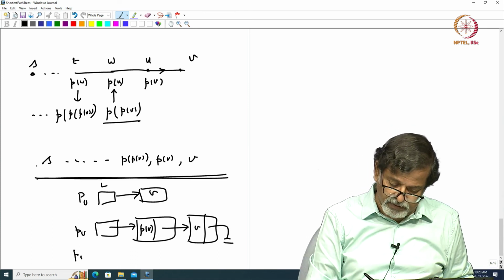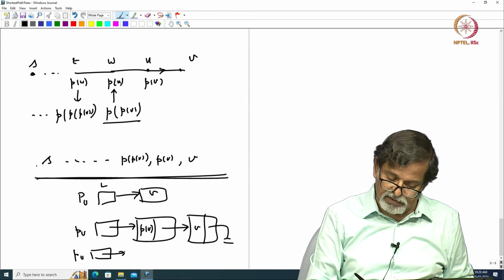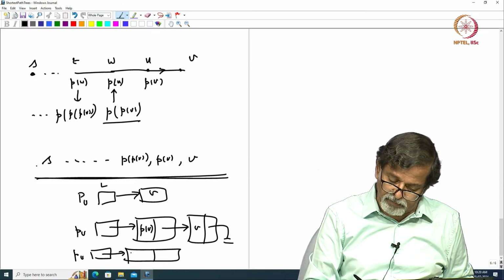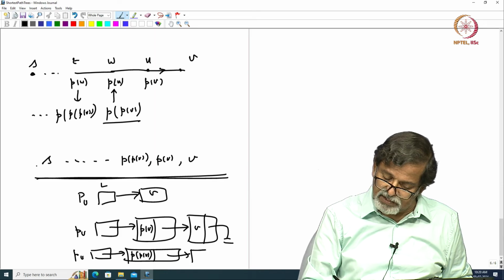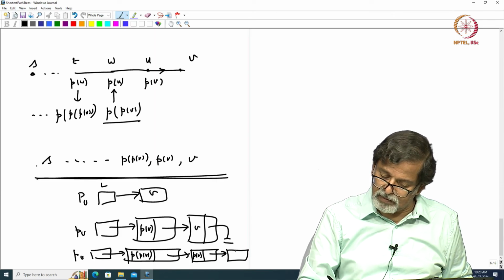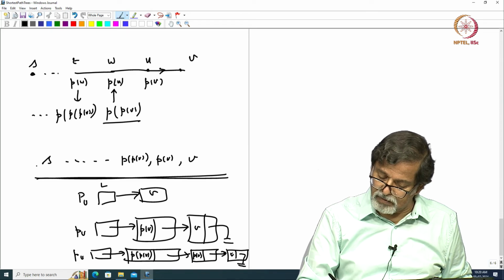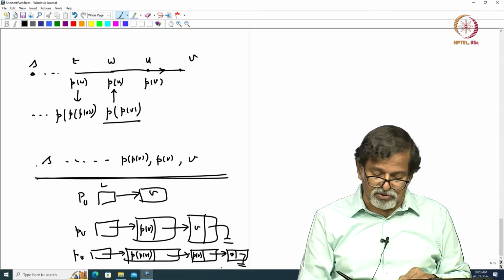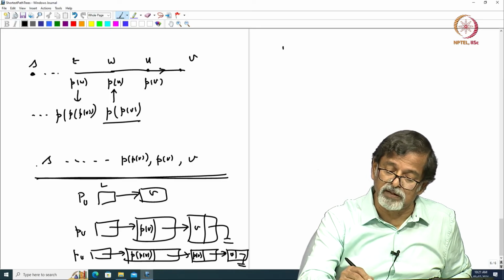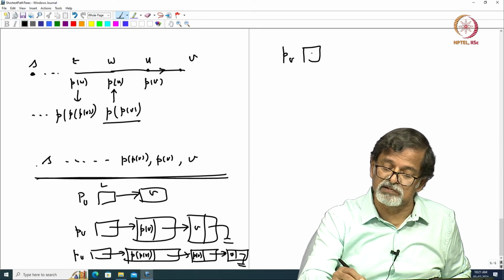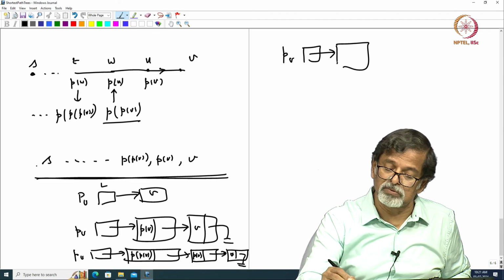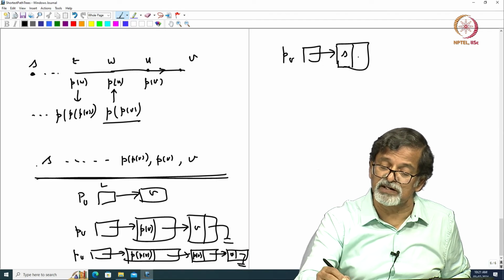Then P of V will be a list pointing to P of V, this you have found out. This is inserted in the beginning and so on. So, finally P of V will be a list pointing to S. When you find S, you insert it.